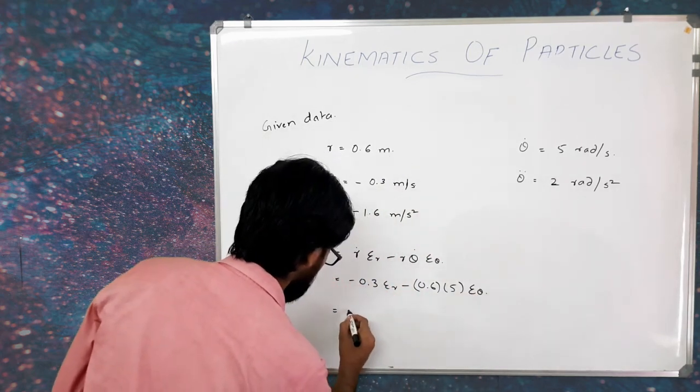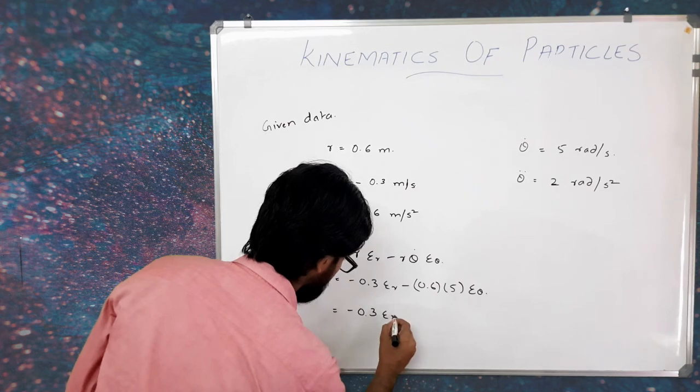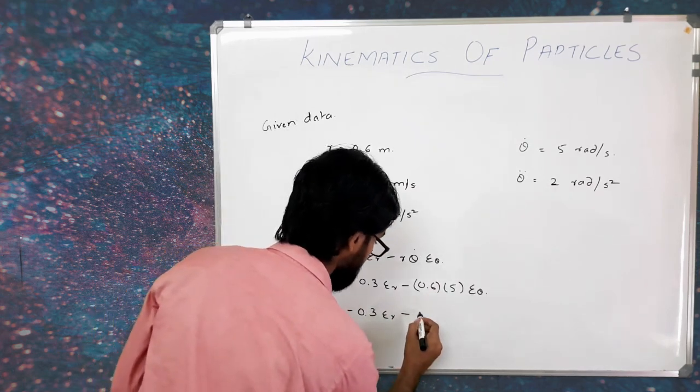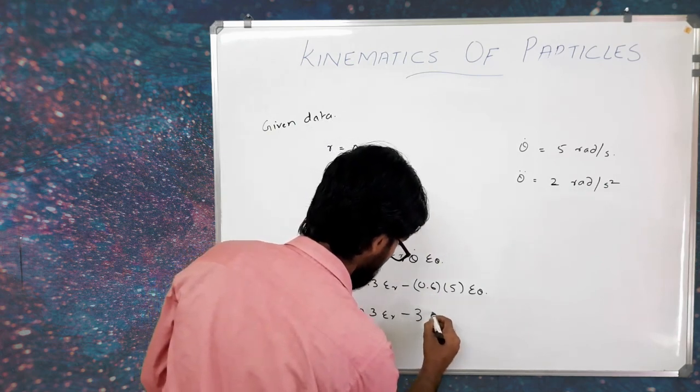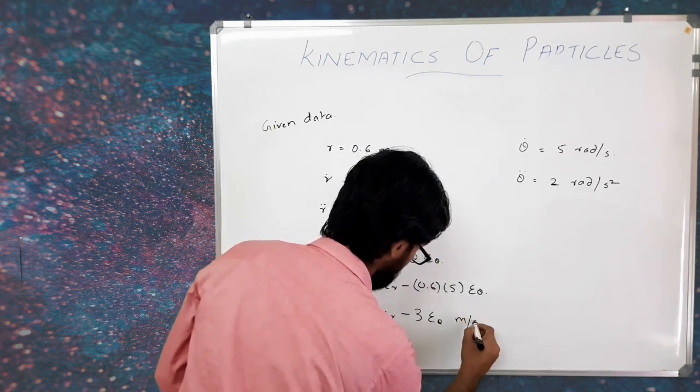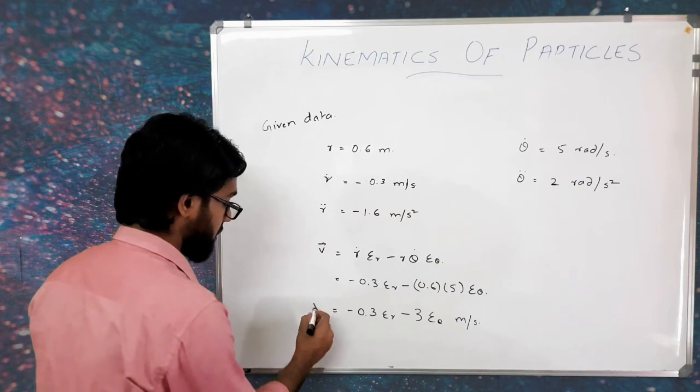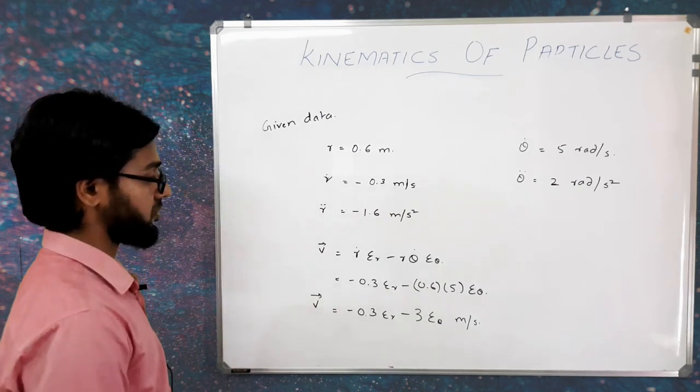So this will become minus 0.3 epsilon r plus 3 epsilon theta meter per second. So this is the answer of velocity.